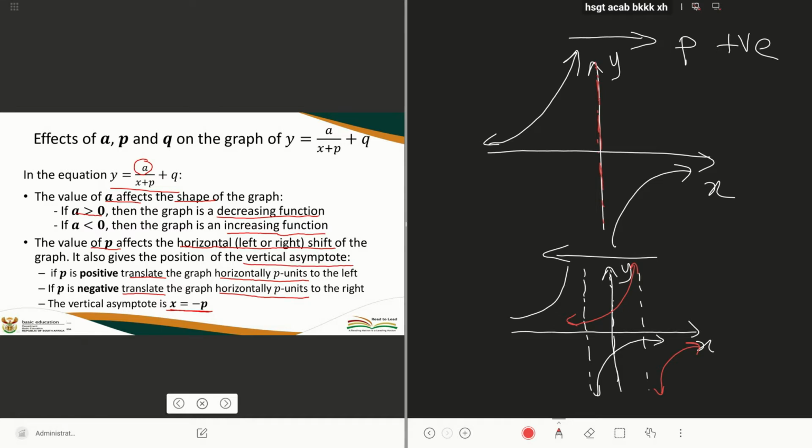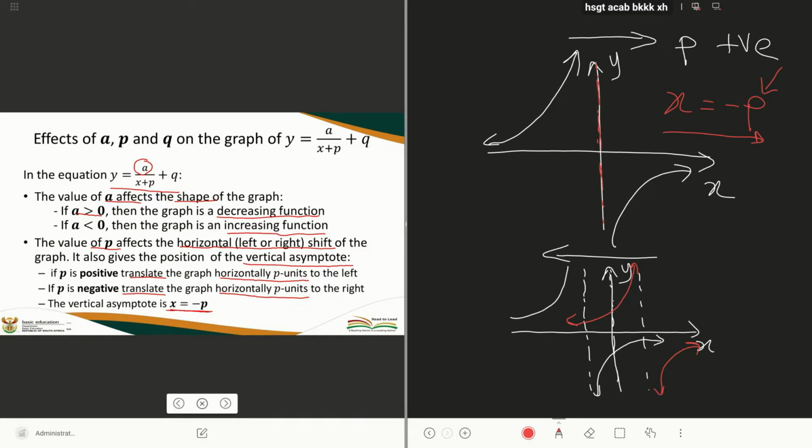So the equation of the asymptote, you get it by saying x equals negative P. This is very important. If you want to know what the equation of the asymptote is, you just say x equals negative P, and from your equation, you will know what that value of P is. Then you substitute it into this equation, and you will get the asymptote of your graph.